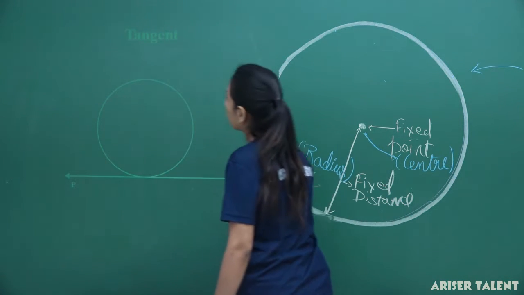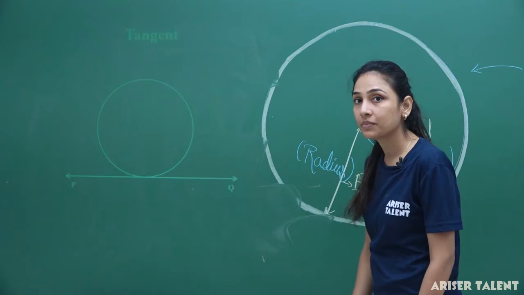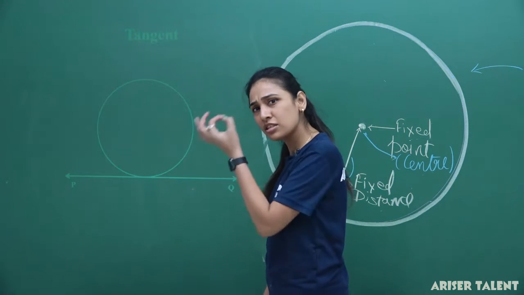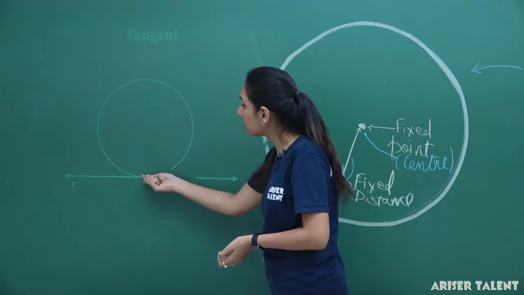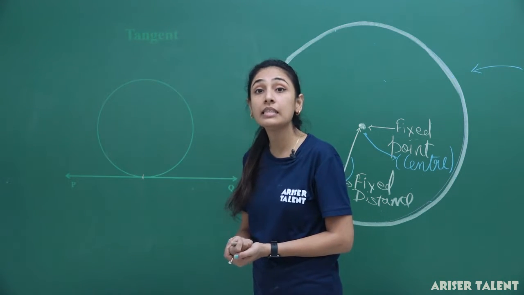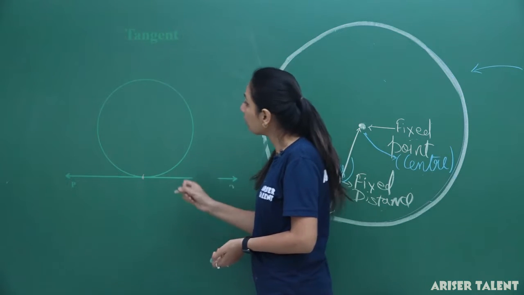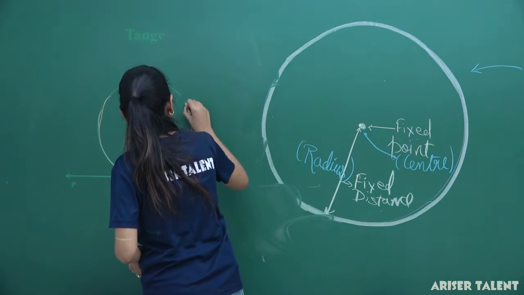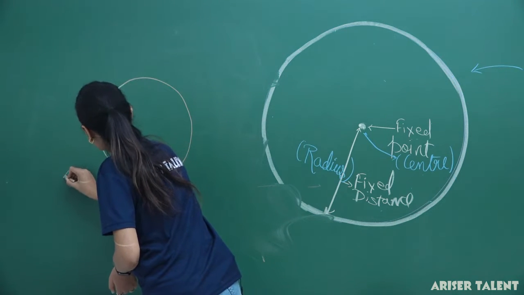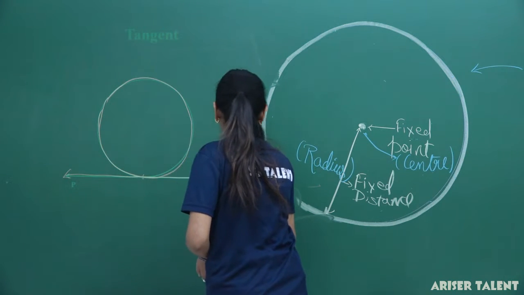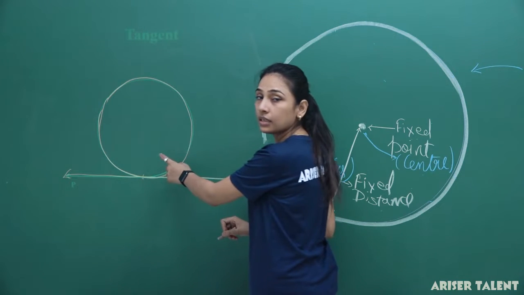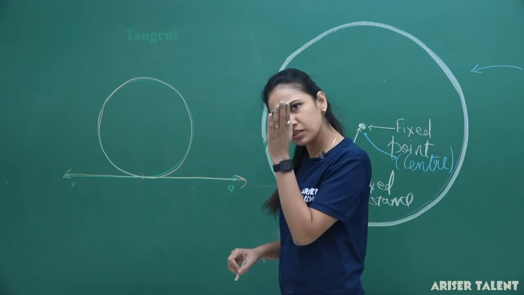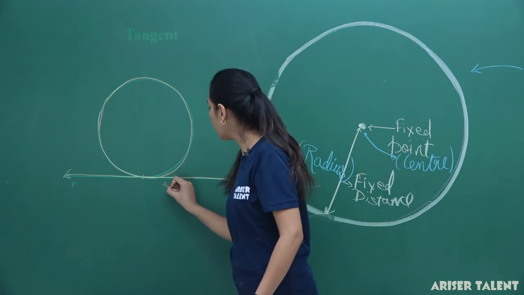Right. Now tangent. I've told you that if this line is just touching the circumference of the circle. So if we have a circle, and this line is just touching the circumference of the circle at only one point, that means this is what?